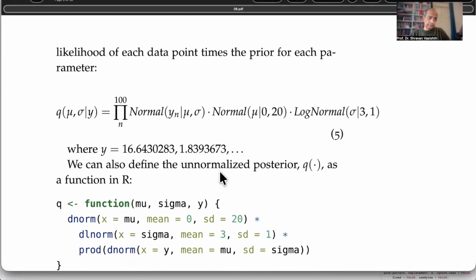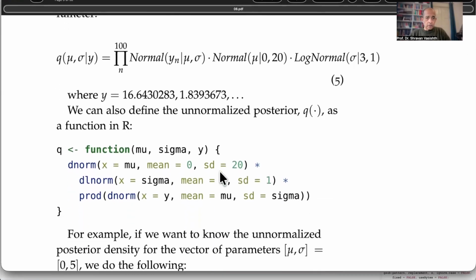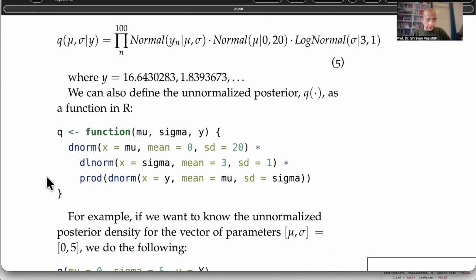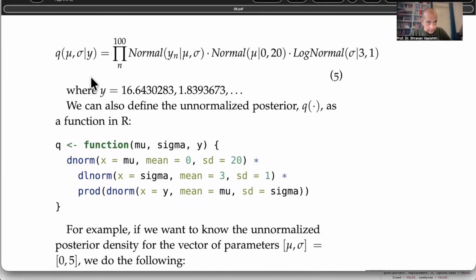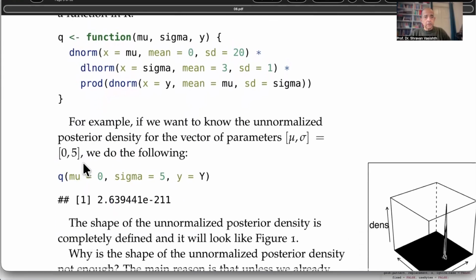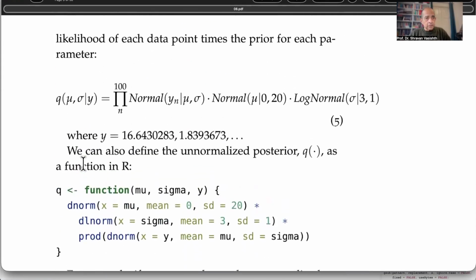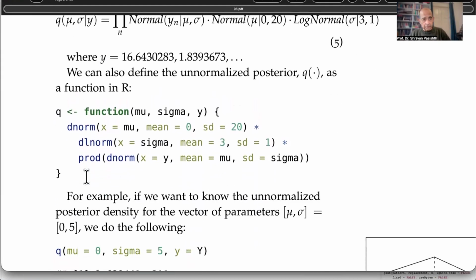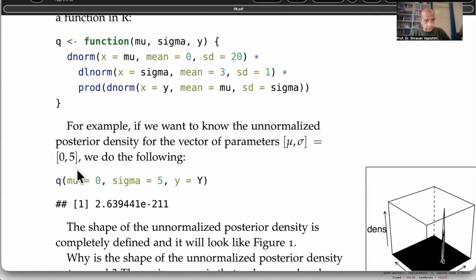So we could even come up with a function that actually allows us to produce this here, okay? Once I've figured out the unnormalized posterior, I can visualize it because I just wrote a function that computes it.